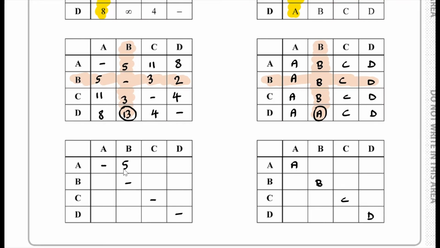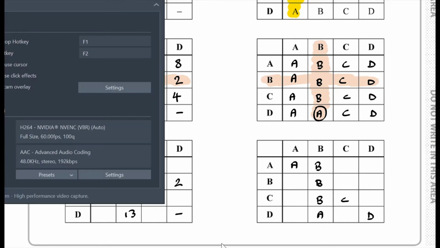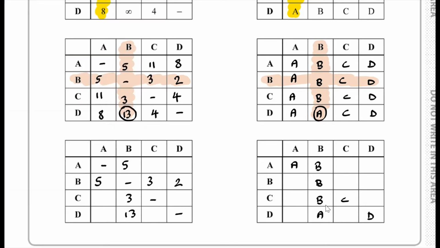So we have 5, 3, 13, 5, 3, 2. The letters remain unchanged. We have B, B, A. And of course, going across, those remain unchanged.